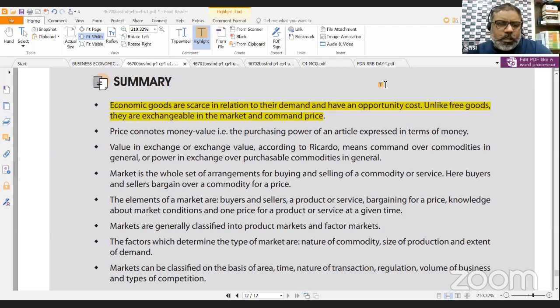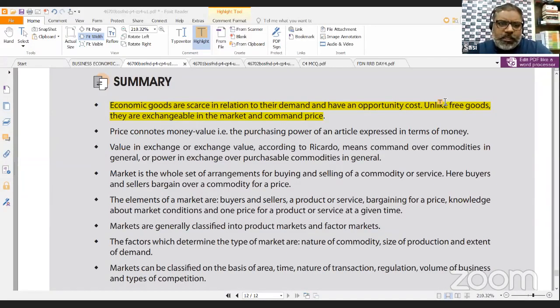If you want to just take a sip of water from a river, nobody is going to ask you for any money. But if the same water has to be drunk from a water bottle, then that is an exchangeable commodity and that commands a price. So the water in a water bottle becomes an economic good. The water in the rivers and lakes is a free good, a natural good. So that is not an economic good.